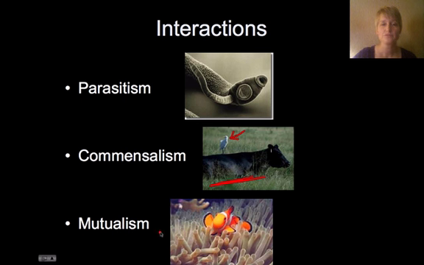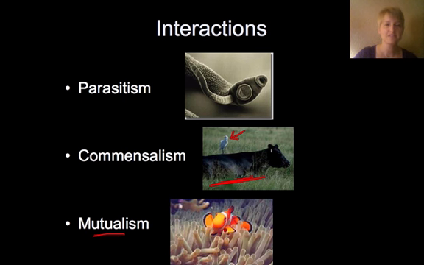And then we have mutualism. And mutualism is where both species have a benefit. And so we see this with clownfish that live in anemones. An interesting thing about the clownfish is that they go into the anemone quite often, and the anemone basically gets to where it stops stinging them.